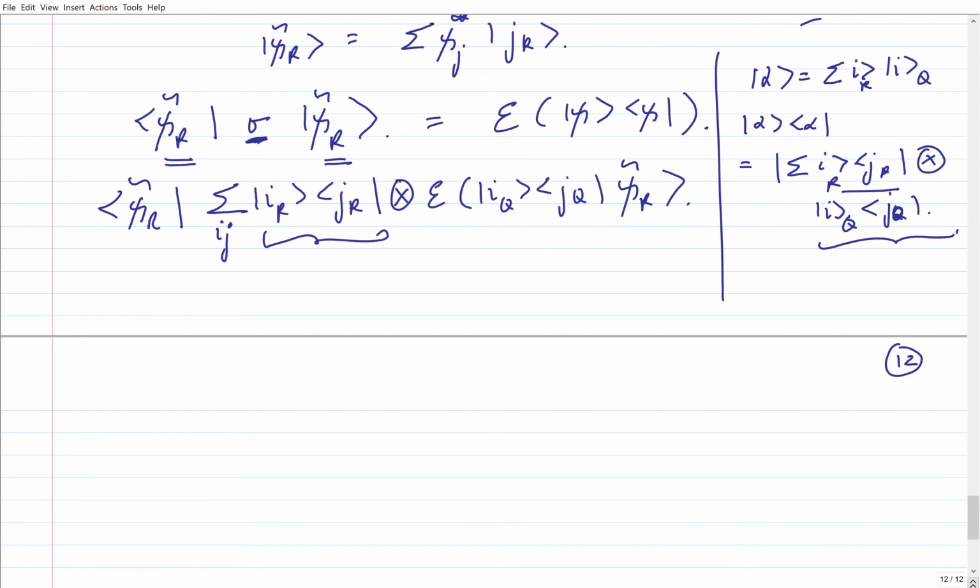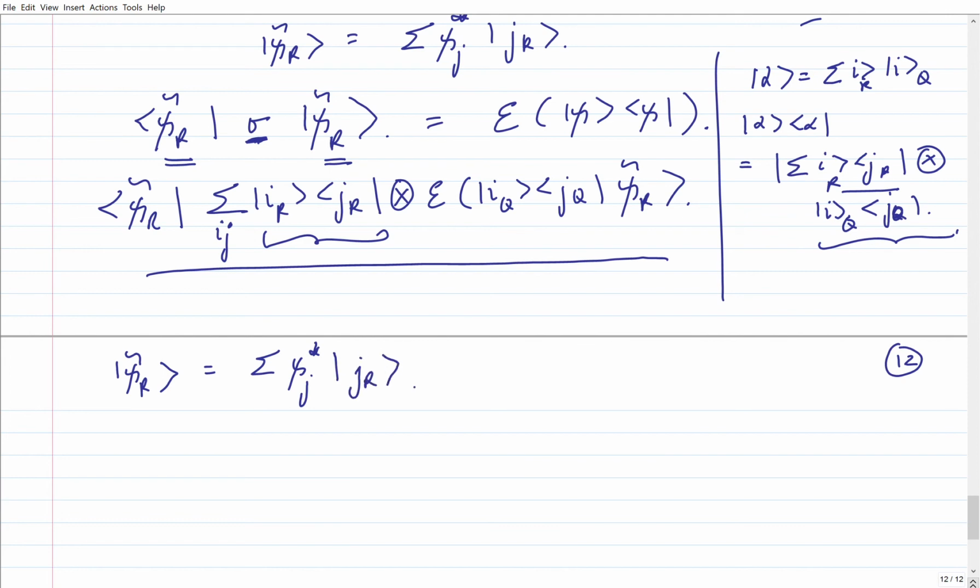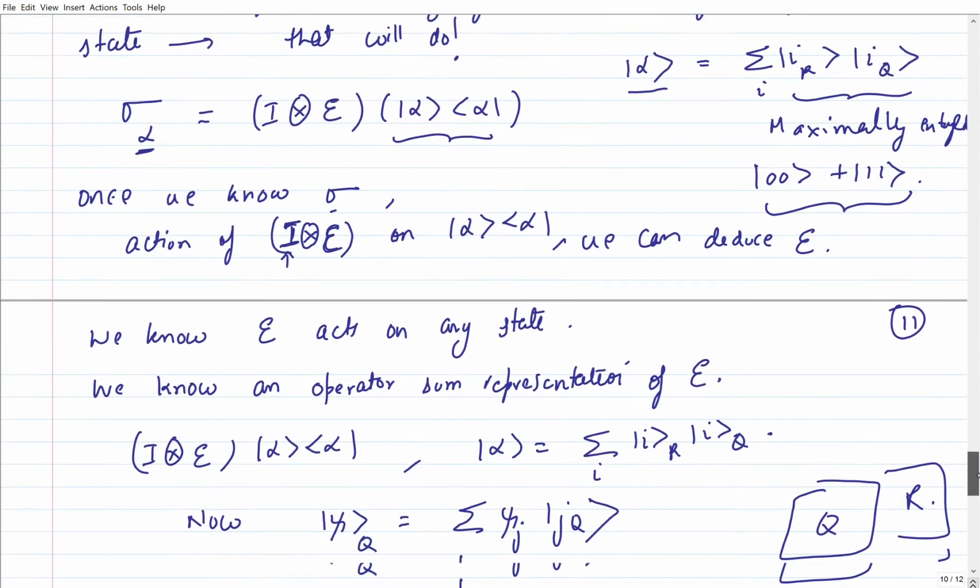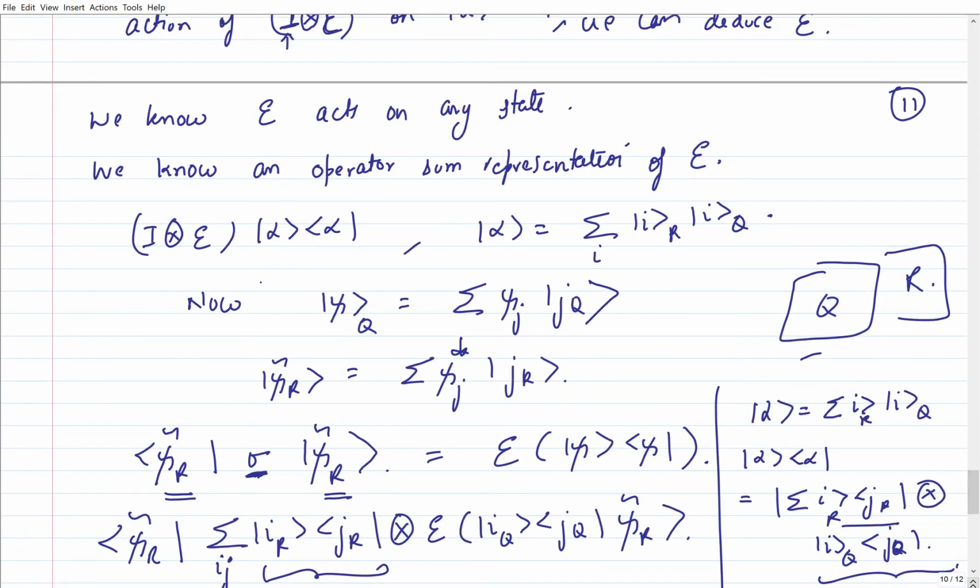So what do we get after simplifying this guy? Remember, to simplify this guy, I also need to remind myself that this state was given by these guys. That's how I define these quantities.